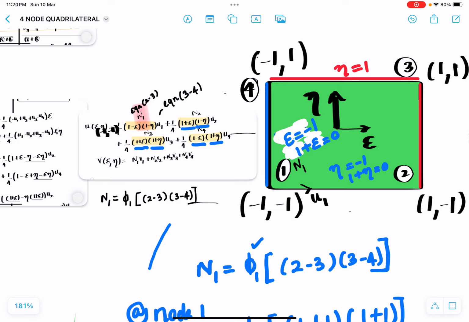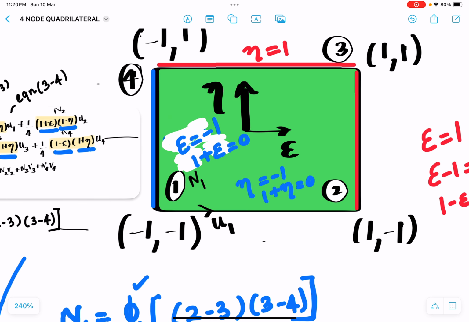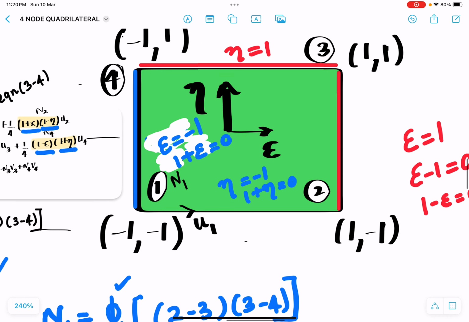Now, one more question that you may have at the back of your mind, if you watch this shortcut method, is this. Maybe now you know that if I want to find the shape function n1, it is the multiplication of the straight lines that cut across all other nodal points except nodal point number 1. Okay.